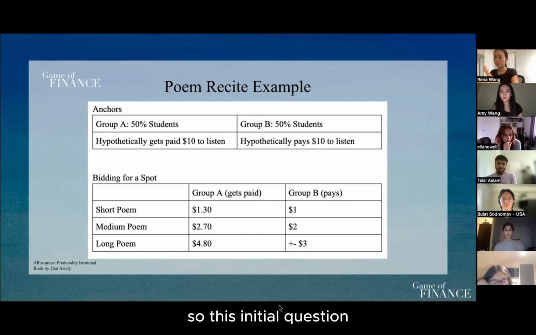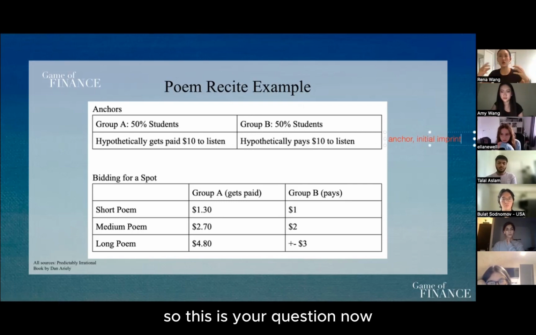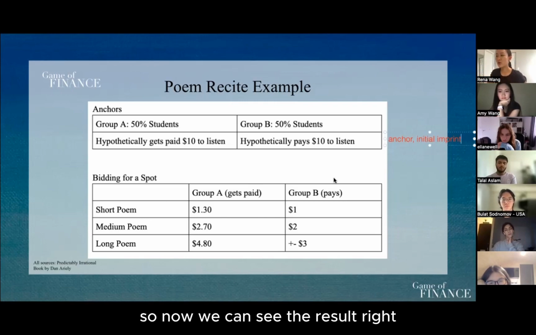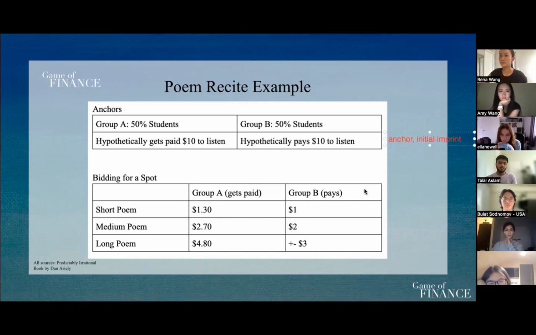So this initial question plays a huge role. We call this the anchor, or the initial imprint. Now, it's not a number, it is the question that is the imprint. So now we can see the result. You can see the chart here.